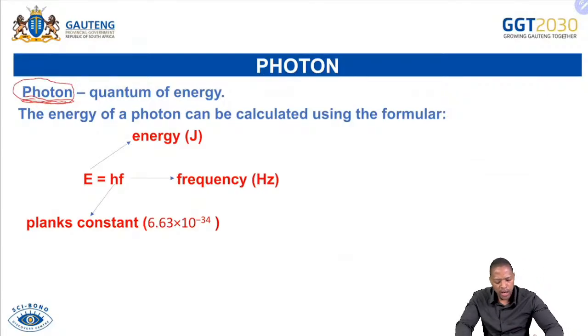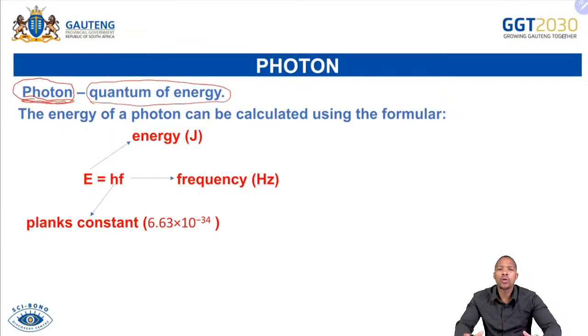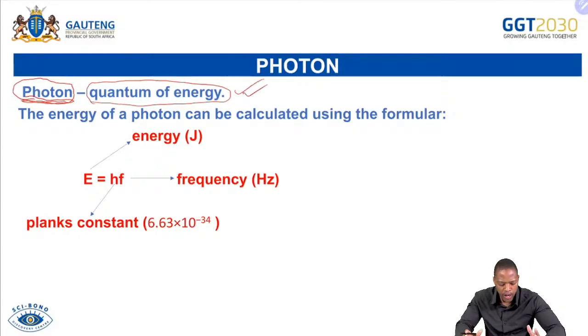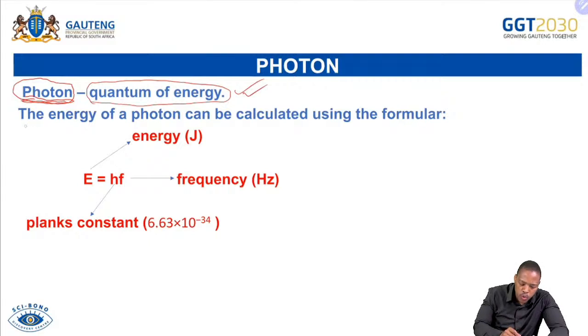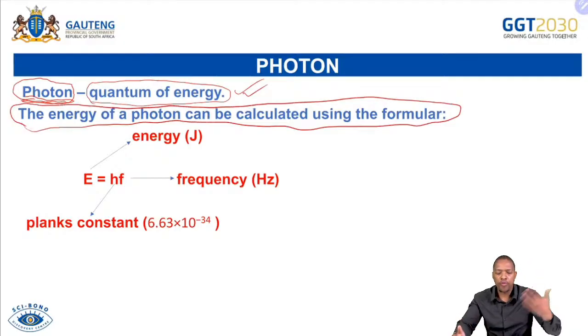And we say a photon is a quantum of energy. What we just need to know here, grade 12, we don't want to complicate a lot of things. We just need to know this definition that a photon is a quantum of energy, and we simply need to know how to calculate the energy of a photon, or the energy of a wave.